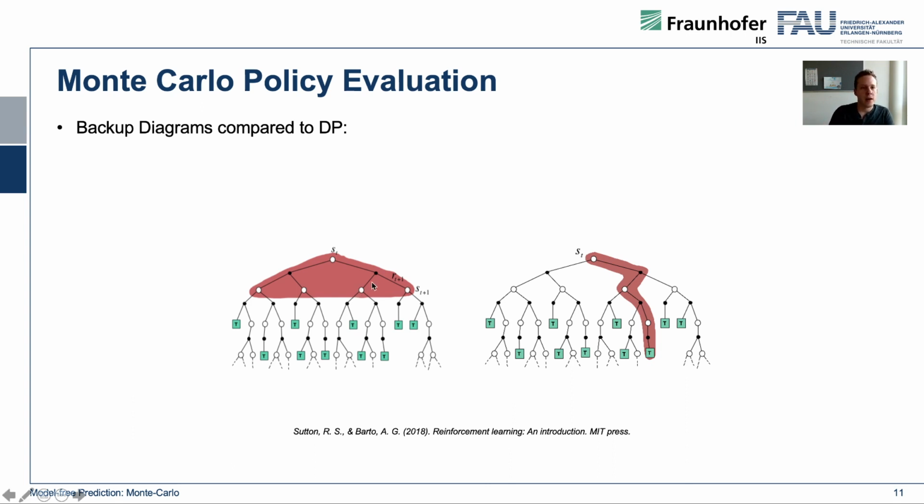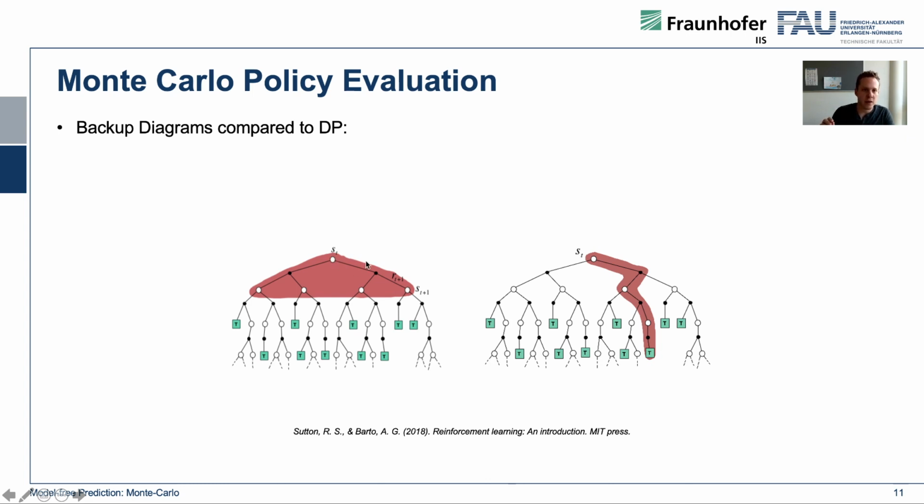If you remember, in dynamic programming policy evaluation, we iteratively applied the Bellman expectation operation, which says that to get an update on this state, we calculate the expectation over all the next states and the rewards we get on this transition, and this has been used iteratively throughout the whole search tree to update our state value estimation.